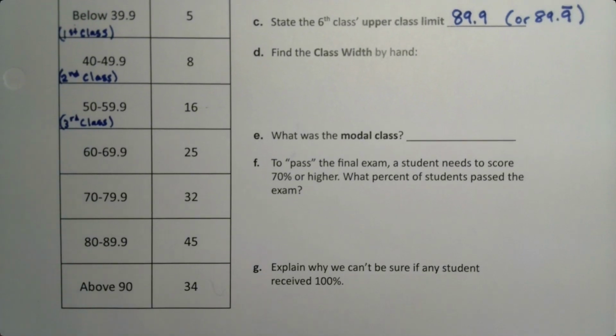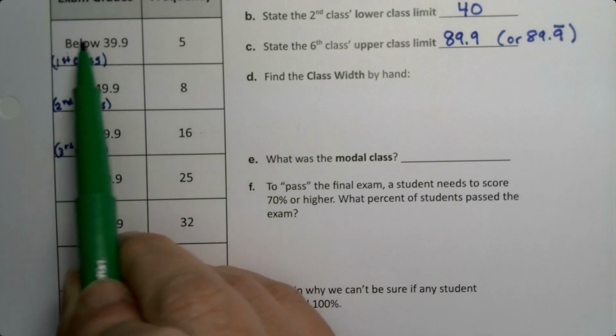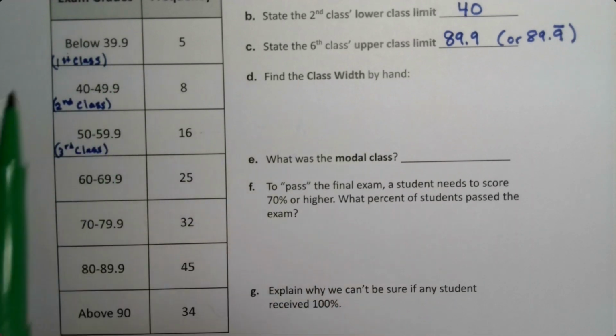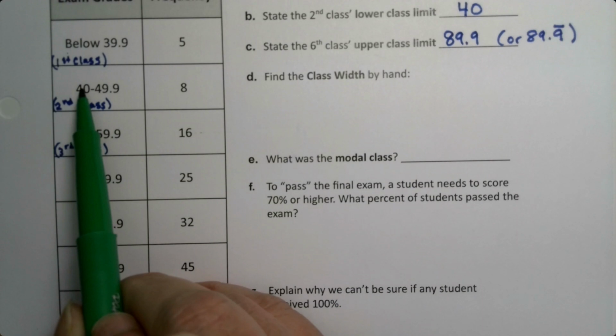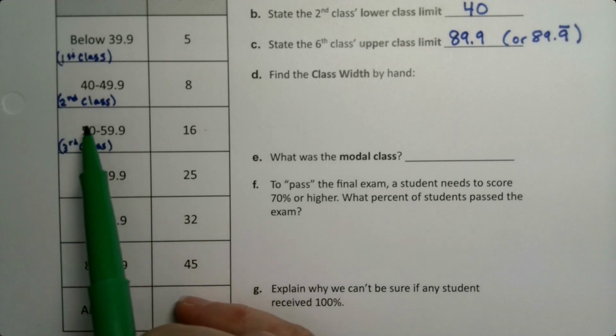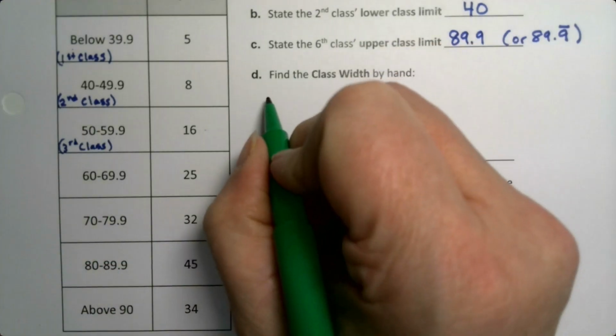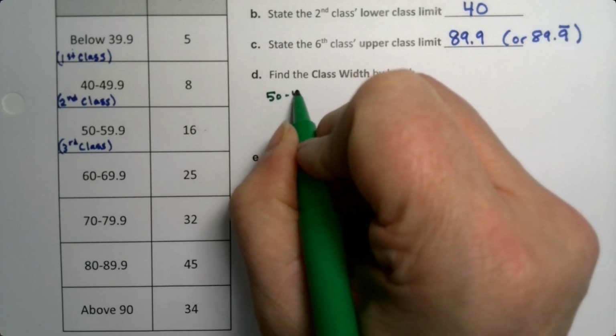All right, now the class width, I was just talking about it, so let me get to it. It's the difference in the lower class limits. You can't count the first class. It's not involved. But you look at these other classes, 40 to 50, 50 to 60, 60 to 70, 70 to 80. They're going up by 10 every time. So the class width is 50 take away 40.